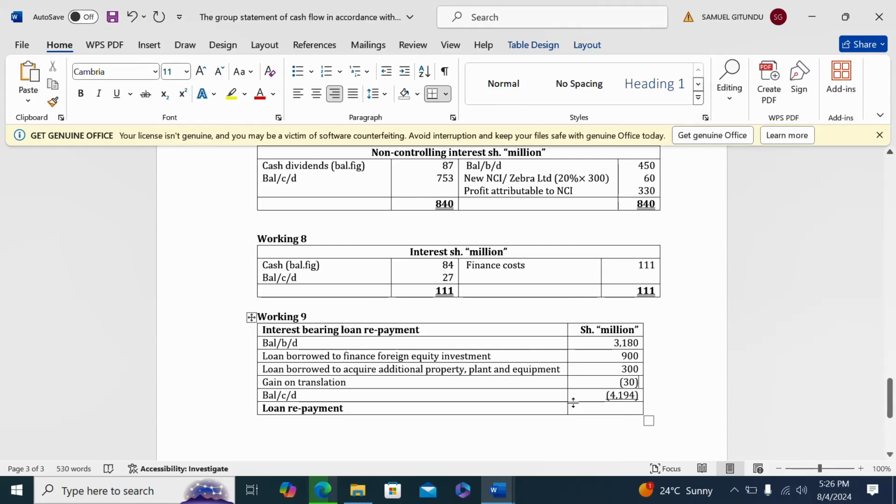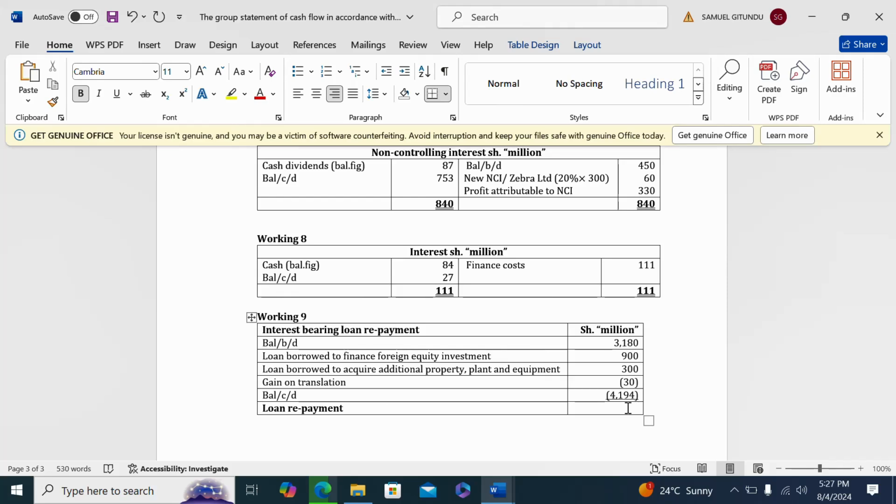So if we deduct that and deduct the balance carried down, we are going to get the amount of the loan which was repaid. So that 180 plus 900 plus 300, so 4380, that was the total amount of loan. We minus the gain on translation, which is 30, and then we minus 4194.